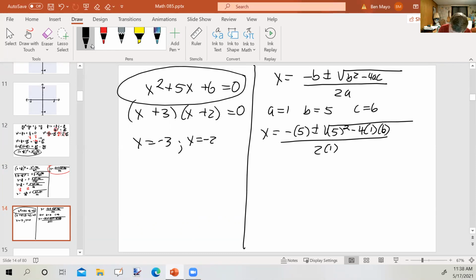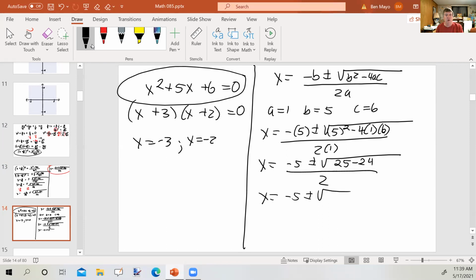Continuing to simplify, x equals negative 5 plus or minus the square root of 25 minus 24. 4 times 1 times 6 is 24, and it's minus that, all over 2. X equals negative 5 plus or minus the square root of, well, 25 minus 24 is 1, all over 2.